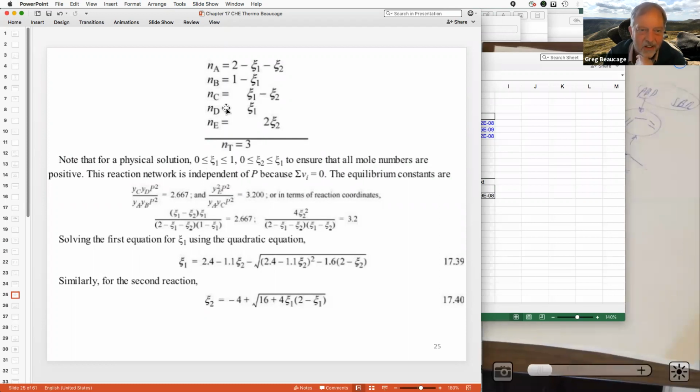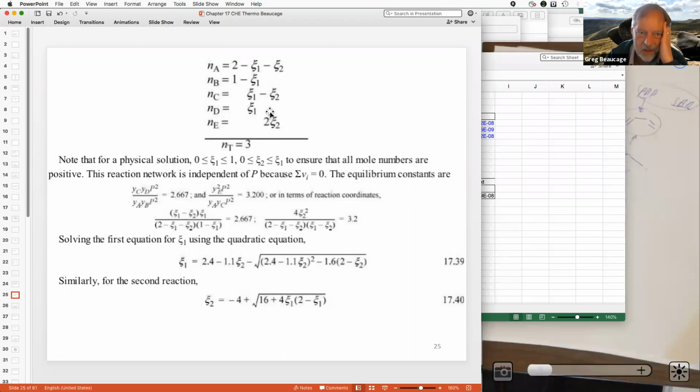Anyway, you can see that these have to be 0 or positive, right? So reaction coordinate 1 has to be bigger than 0, because it can't be less than 0, as you'd have negative D. And then it has to be smaller than 1, because B can't be negative, right? So those are your limits for 1. You basically have to try each one of these and make sure it works.